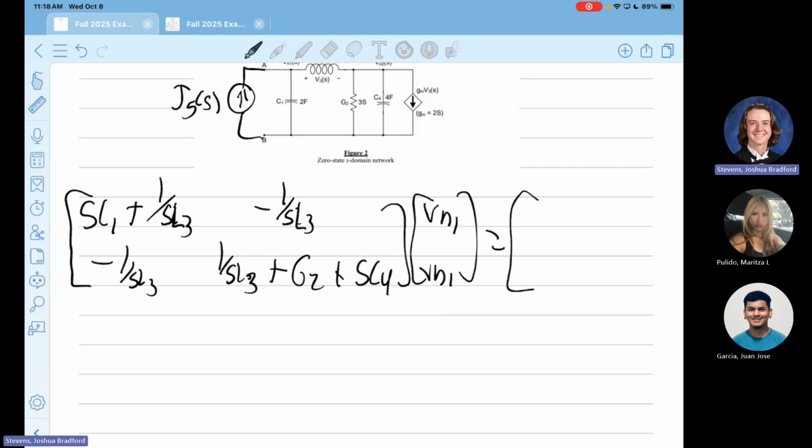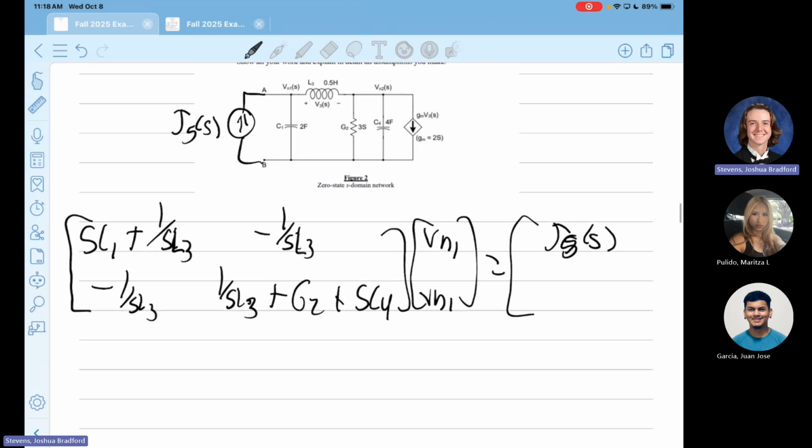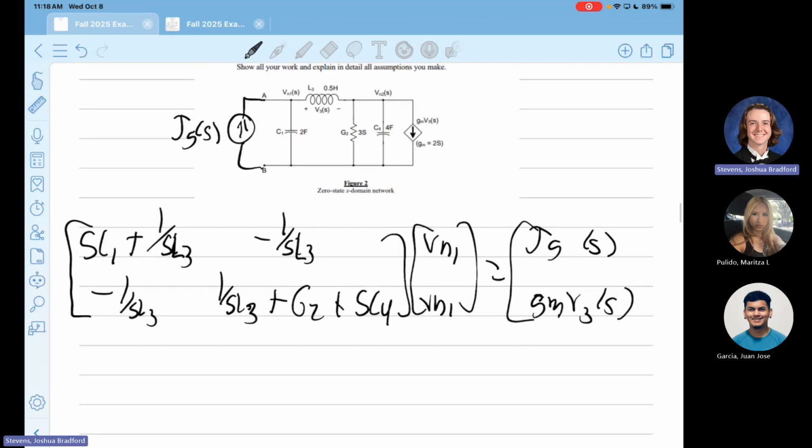In the first node, what do we have in terms of a source? What sources do we have? JG of S. Positive or negative? Positive. If it was going down, it'd be negative. There you go. JG of S. All right. And the second node, what do we have? Negative what? Negative GM V3 of S. I agree.